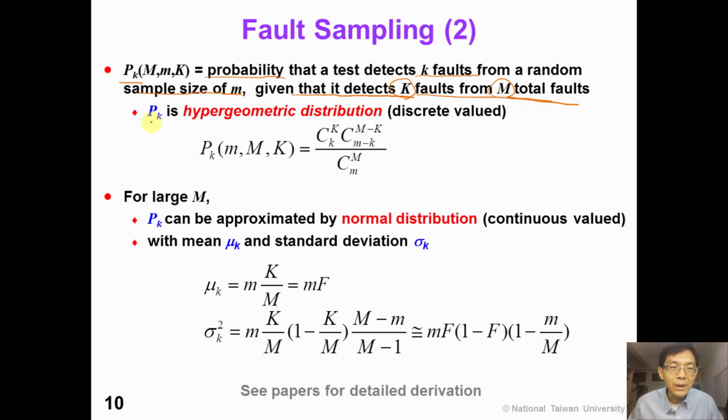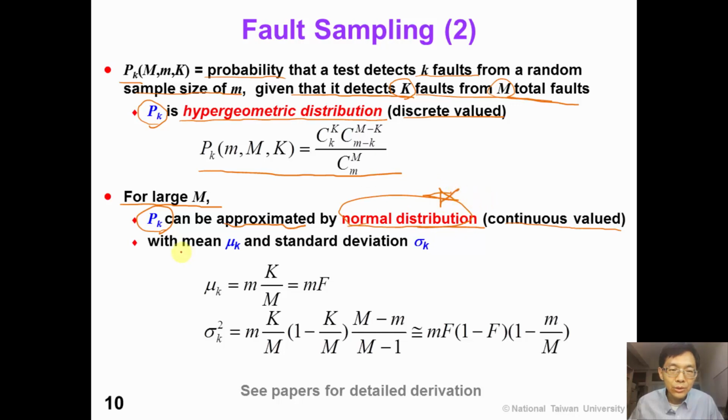It was derived by the paper that pk is a hypergeometric distribution of discrete value, which can be written in this equation. Unfortunately, this is not very easy to handle. But the good news is that for a very large M, pk can be approximated by a normal distribution of continuous value. This is good news because we know how to handle normal distribution very well.